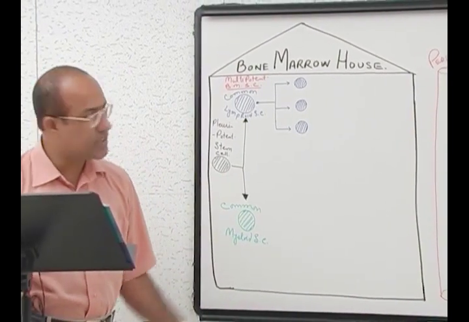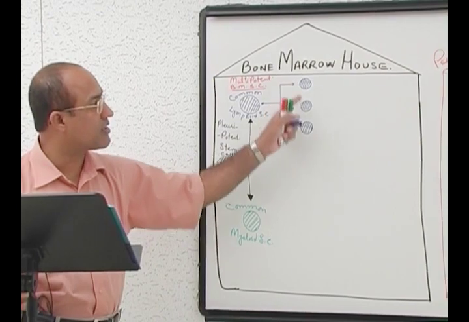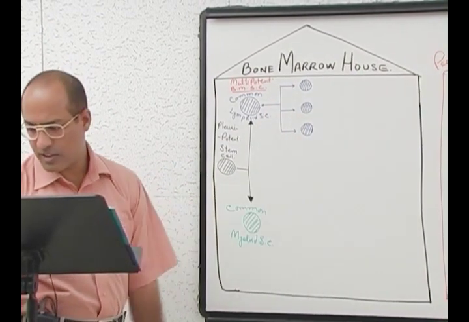But because they are committed to produce a special type of mature product in the blood, we call these committed stem cells.